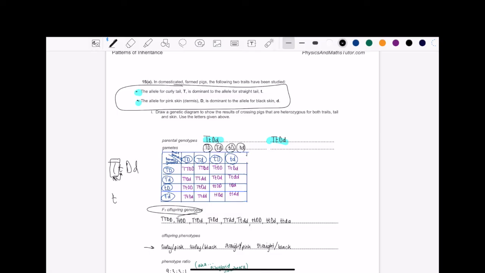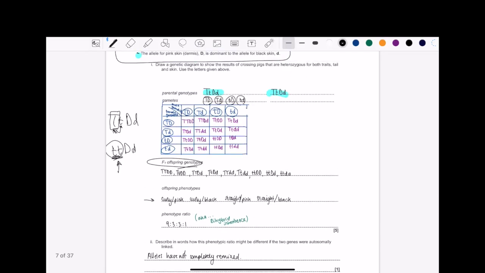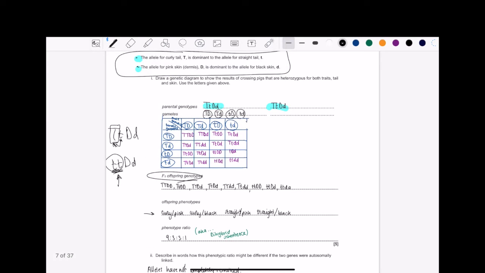But if it was little t little t, then this would be straight. Because big T is dominant over little t, it means that little t, aka straight tail, can only be expressed if there's two of the lower cases. Same thing goes for pink skin and black skin as well. Cool. So we've got that sorted.